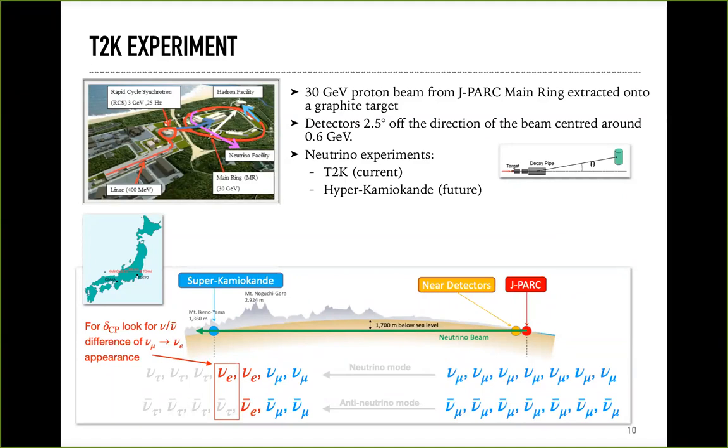This goes 295 kilometers away to Super-Kamiokande, that is a 50 kiloton water Cherenkov detector.